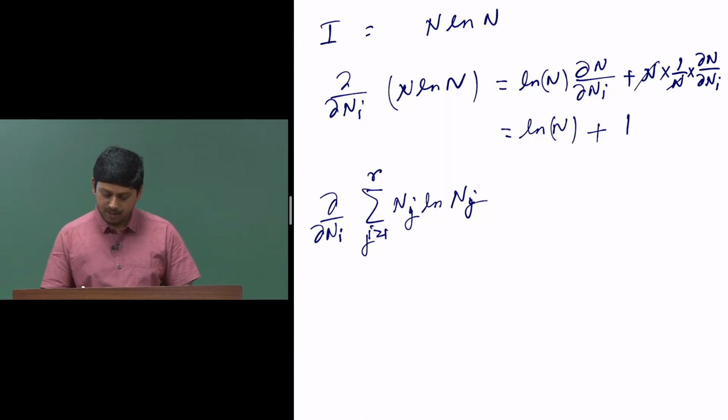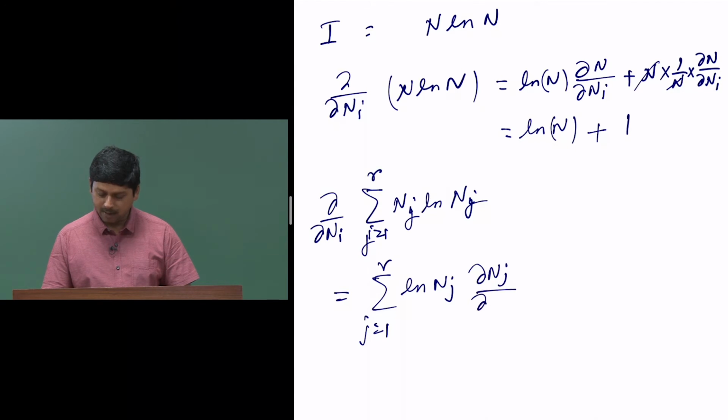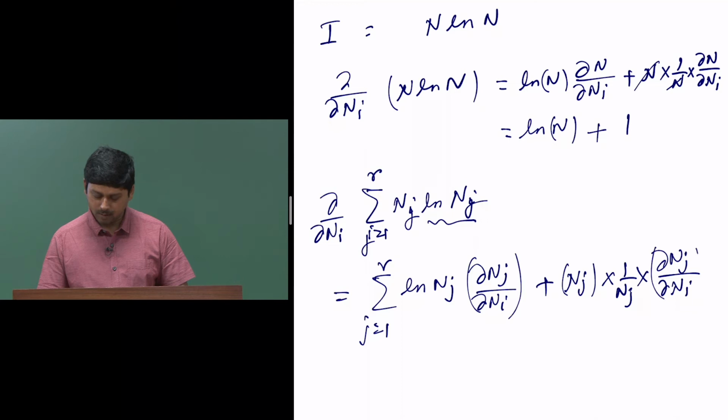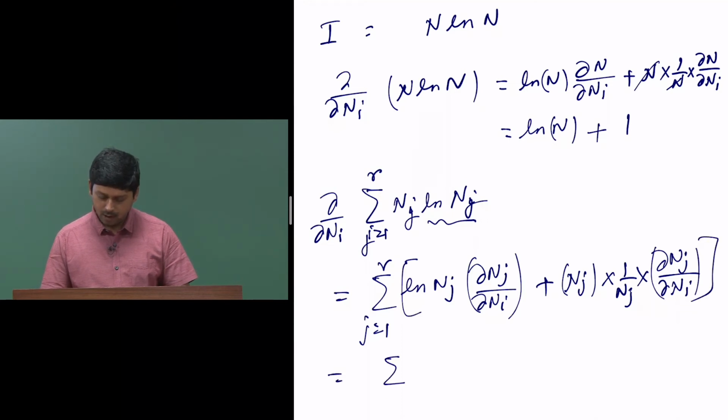Now, we are going to take the derivative of that, and that will give us the sum over j equal to 1 to R of ln n_j ∂n_j/∂n_i, plus n_j, then I have to take the derivative of ln n_j, so it will be 1/n_j and again ∂n_j/∂n_i, and the sum is over the whole thing, j equal to 1 to R.